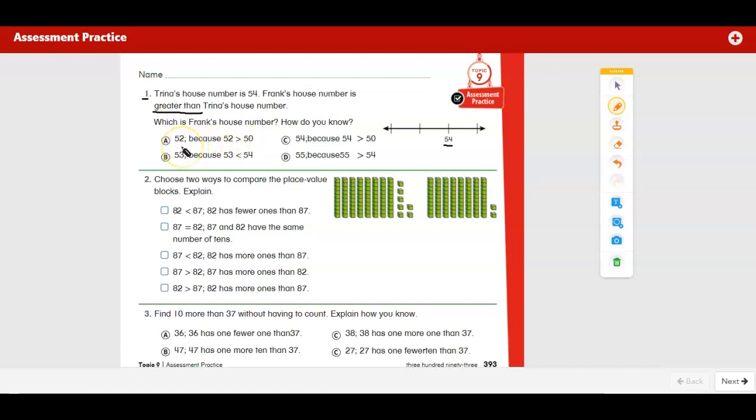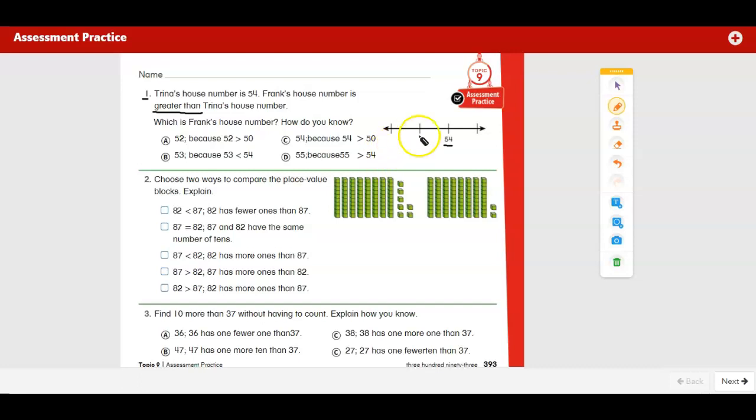Is it 52 because 52 is greater than 50? 53 because 53 is less than 54? 54 because 54 is greater than 50? Or 55 because 55 is greater than 54?